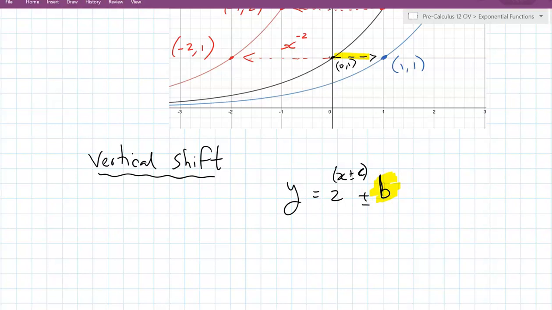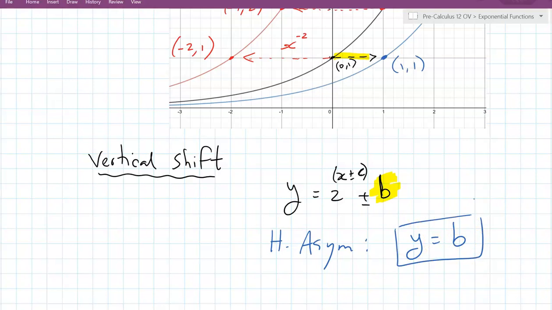Also remember that the equation of the horizontal asymptote is always y equals b, whatever that value of b is. That's your horizontal asymptote because the graph shifts up, therefore the asymptote will shift up or down depending on what b is. Okay, and that's basically it.